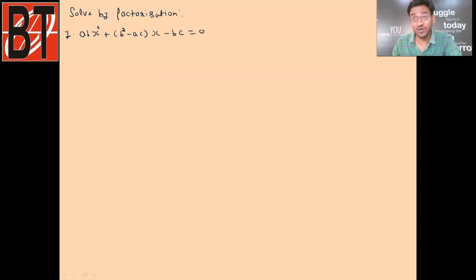See students, what we have to do, we have to just solve this quadratic equation. For that, what I can do, see, if I multiply x inside the bracket, it will be b square x minus acx minus bc is equal to 0. No problem, students. Now if I take common out of these two terms, what is common? You may check the common is bx, because it's bx square and in the second term it's b square x.